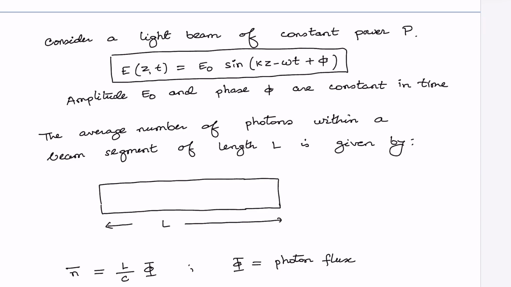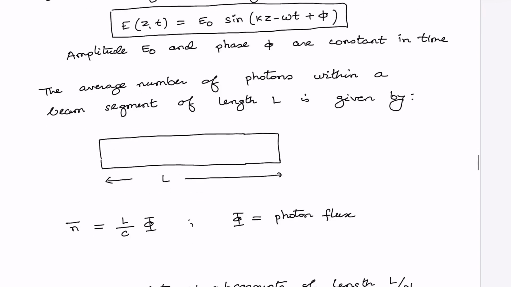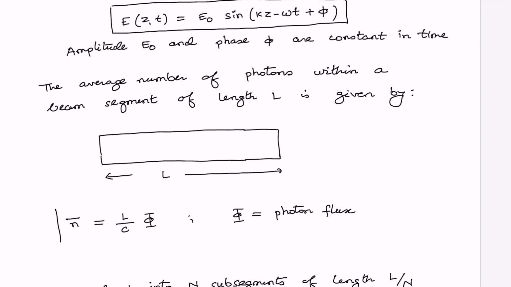And you can actually consider the average number of photons within a beam segment of length L, which is given by the expression n bar, where n bar represents the mean number of photons in the beam and L is the length of the beam, and phi is the photon flux.